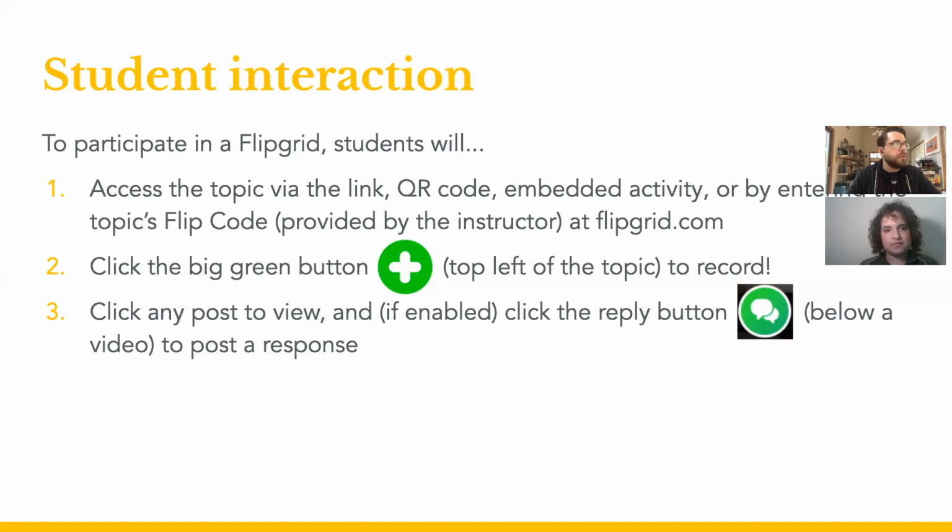I think that's one of the really great parts about Flipgrid. Students could then click that reply button below someone's video and post their own video response. Much in the same way a traditional text-based discussion forum would work, Flipgrid has that same kind of flow where I can post my thoughts and then get responses to it. So pretty straightforward.